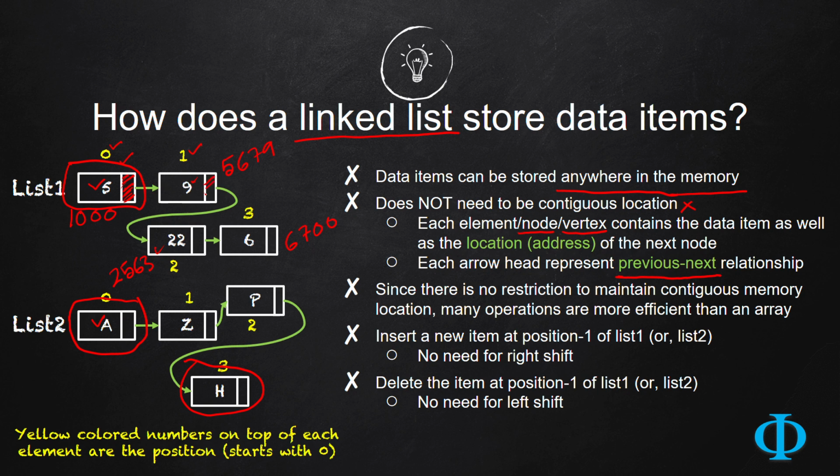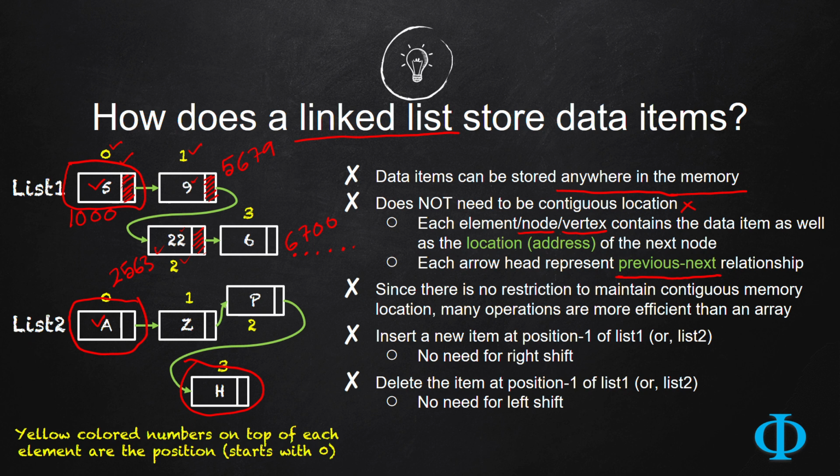This node again contains the memory address of its next node, which is identified with 2, and the content is 22. Then again, this node also has the memory address of its next node, something like this. And in this way, a linked list can grow.